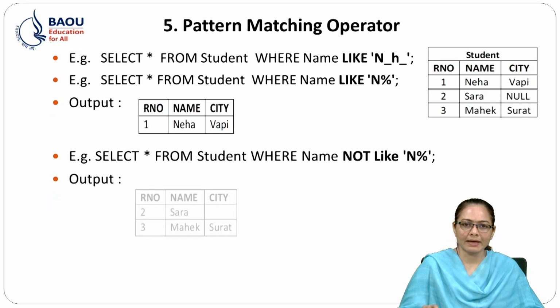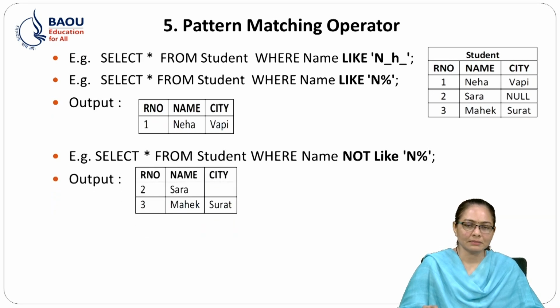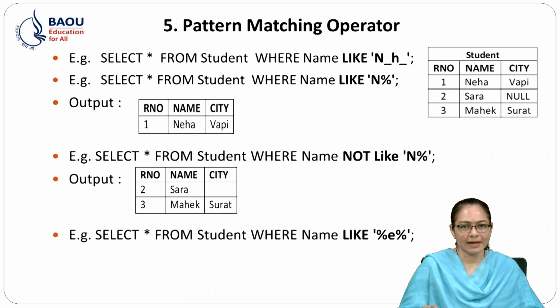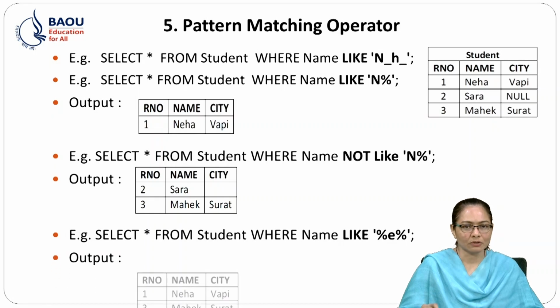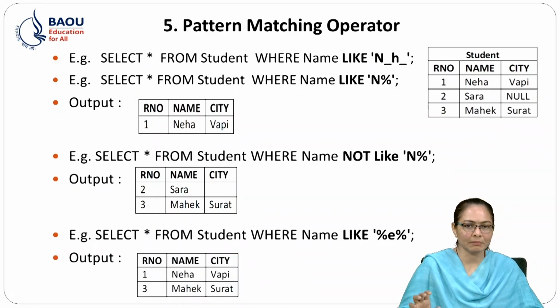The output of this query displays those records whose name does not start with the character N. The last query is, for example, select star from student where name like '%E%'; it will display those records whose name contains the character E. Underscore means compare with a single character and percentage means compare with multiple characters.